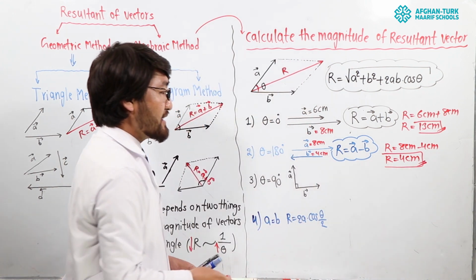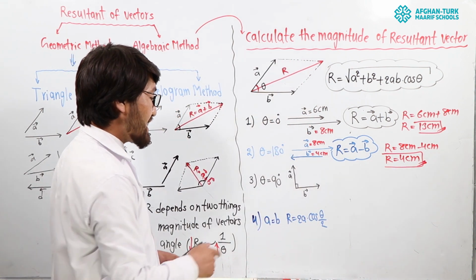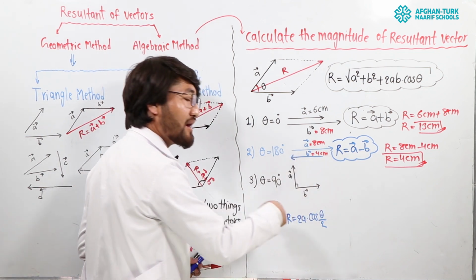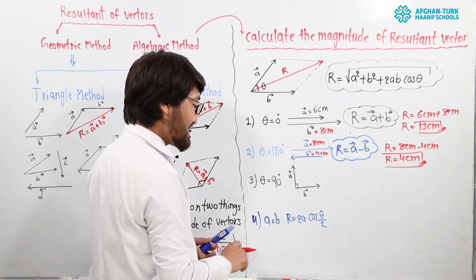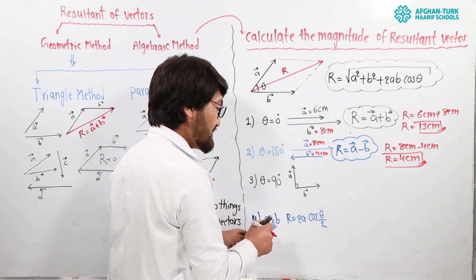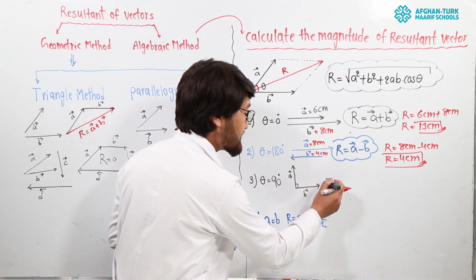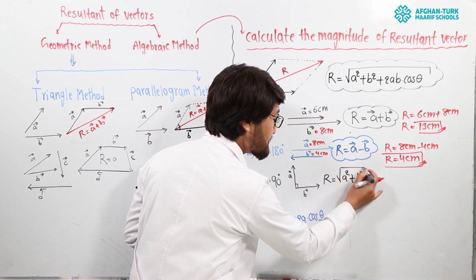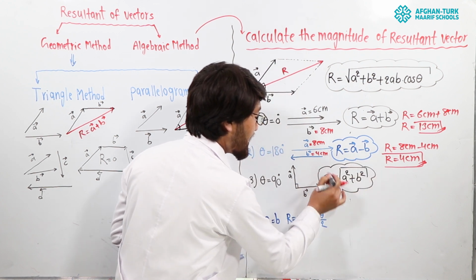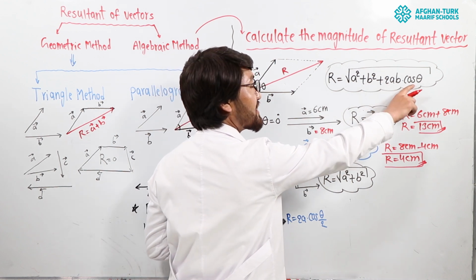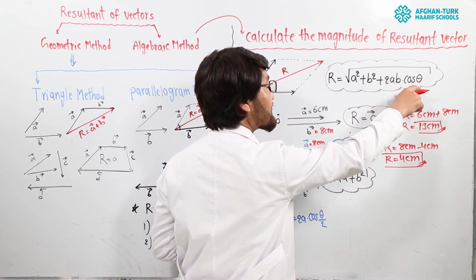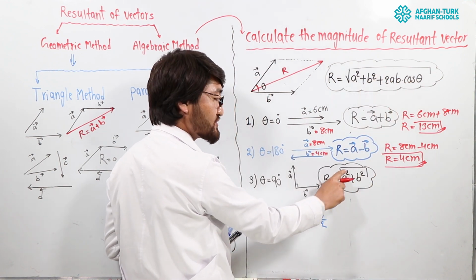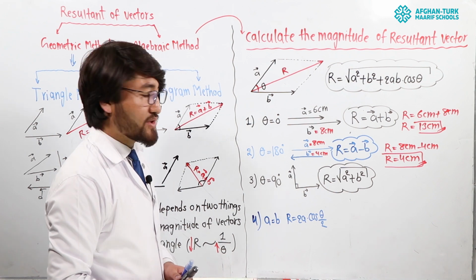Now come to another property. If the angle is 90 degrees, it means the vectors are perpendicular to each other. From the formula, if instead of cosine theta I put cosine 90, which is equal to 0, we have R is equal to the root of A squared plus B squared.